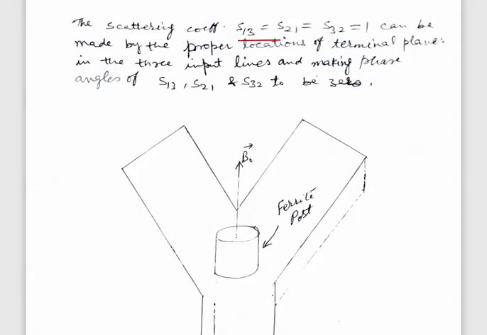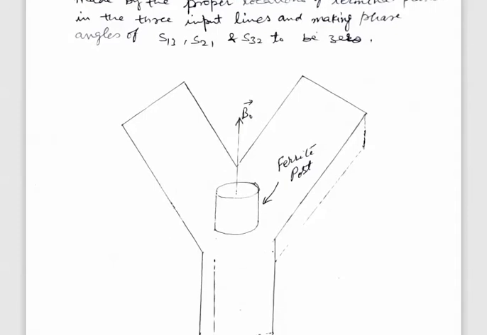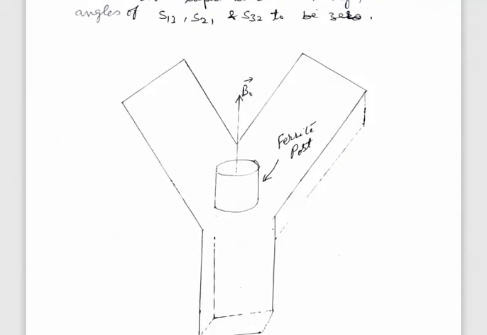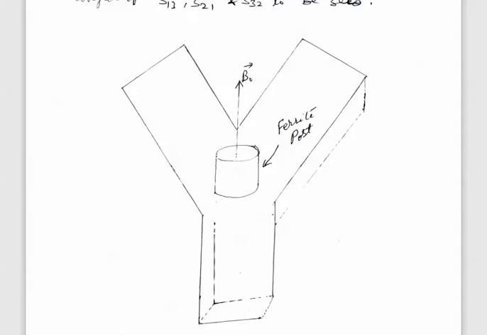The values of S13, S21 and S32 equal to 0 can be made by proper inclination of the tuning posts in the 3 waveguides. So this is the design of a 3-port symmetrical Y-shaped rectangular waveguide or a strip line version.